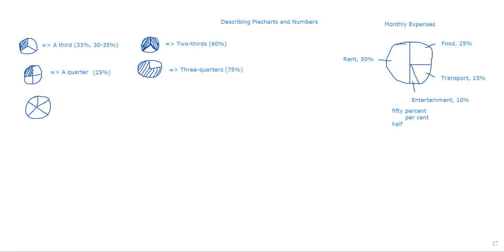Then try to identify the fraction of this one. Which one, sir? The bottom left.